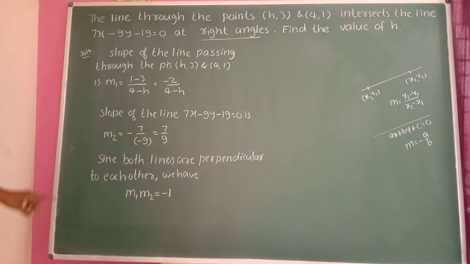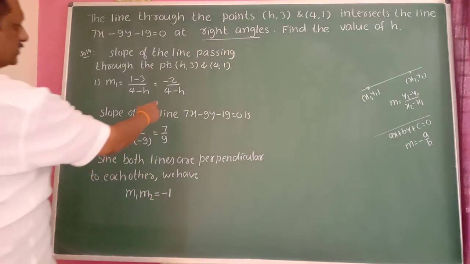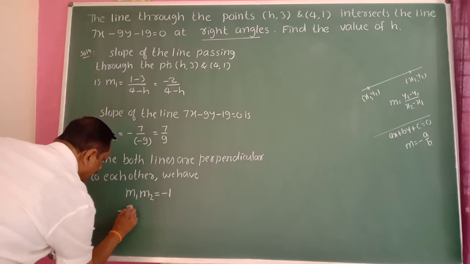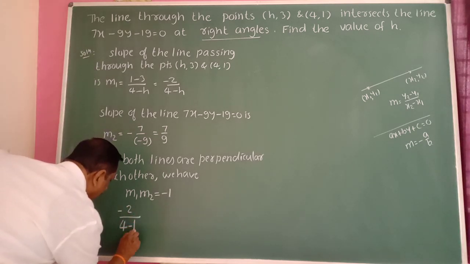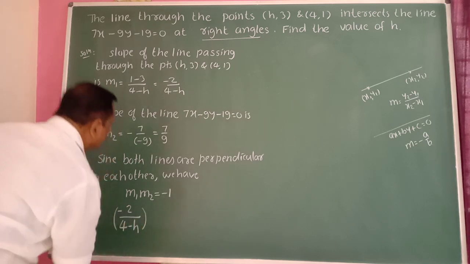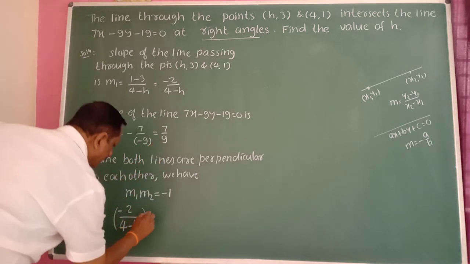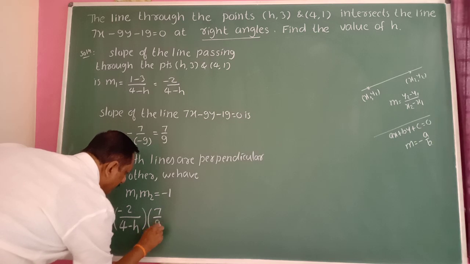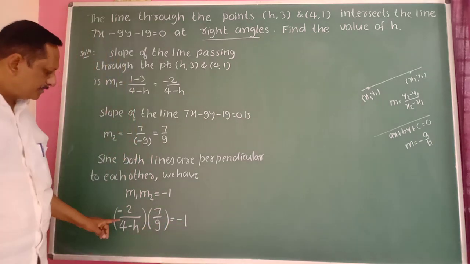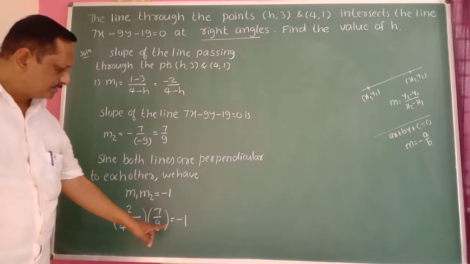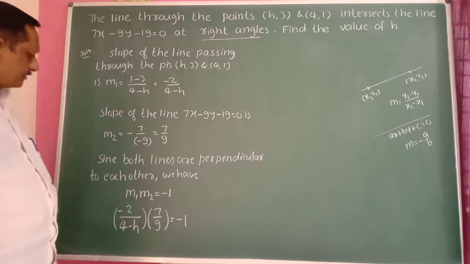This is the formula. So m1 is minus 2 divided by 4 minus h, into m2 which is 7 upon 9, equal to minus 1. Here the left side minus and the right hand side minus cancel.